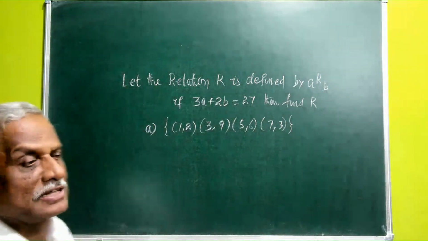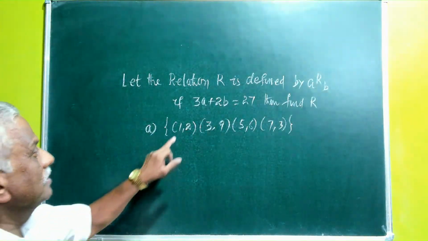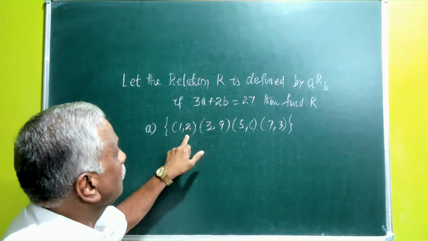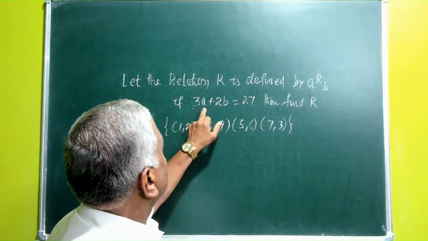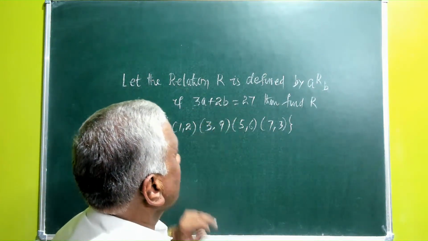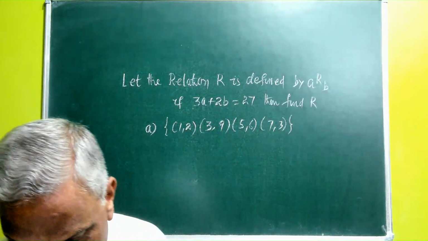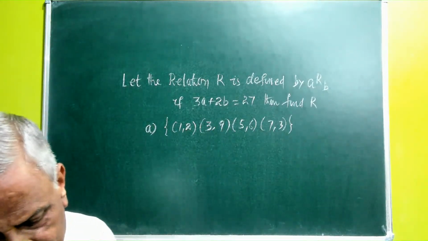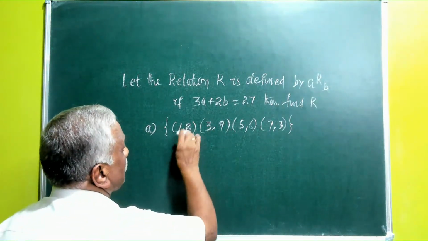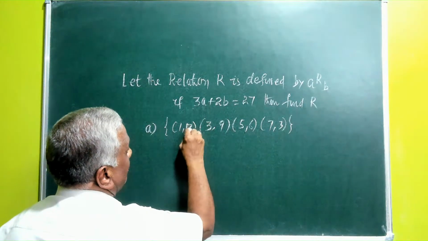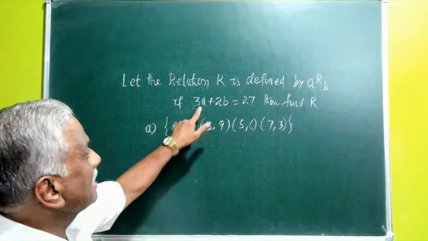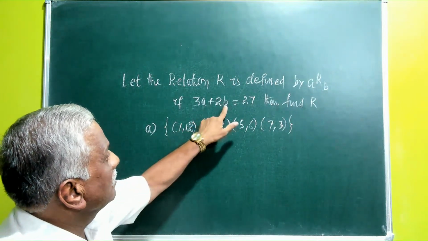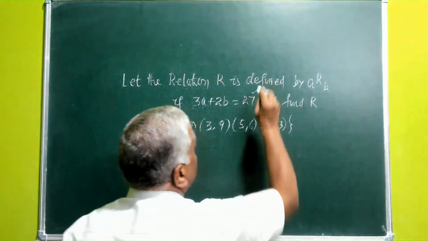There is no other method for this problem. We're going to substitute. If you put a is equal to 1 and b is equal to 4, 4 plus 3 is 7. So it's not 1 comma 2, it is 1 comma 12. Otherwise it will not satisfy. 1 comma 12. If you put a is equal to 1, 3 plus 24, 27 is satisfied.